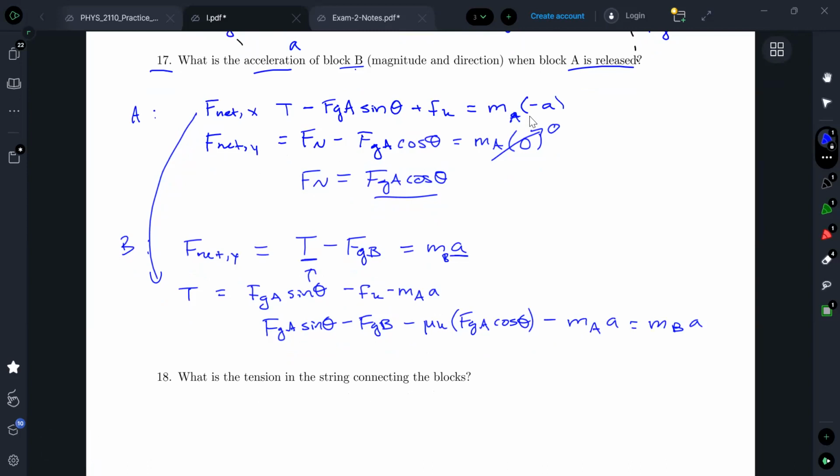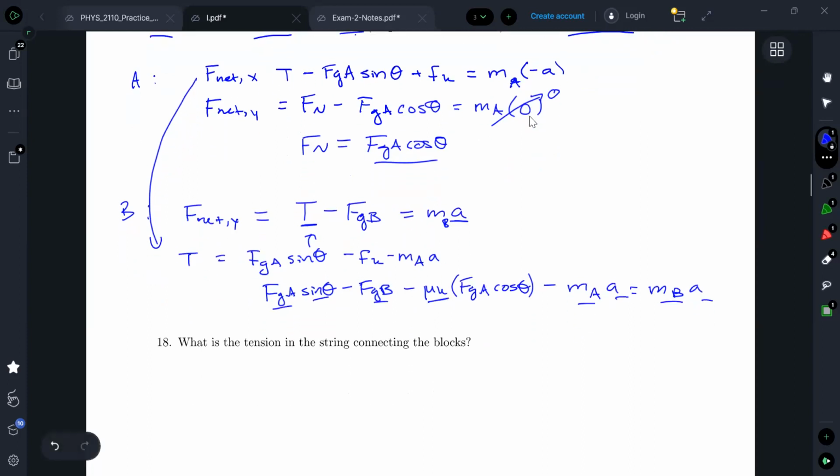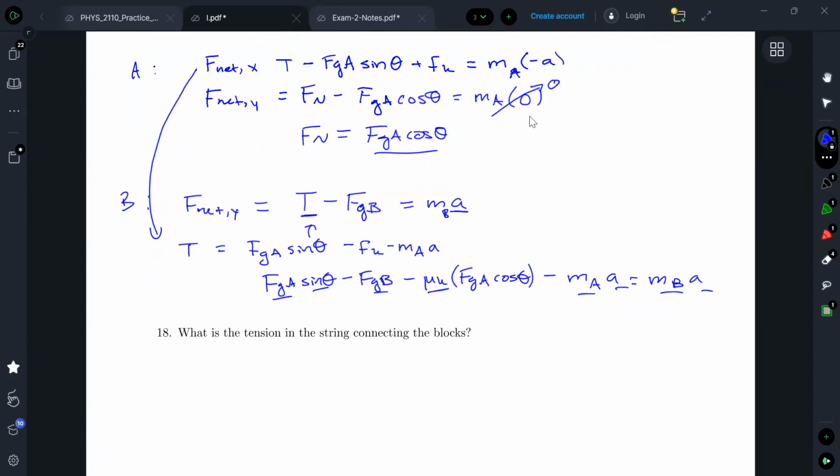We know the masses of our two blocks, so we can find their weights. We know the angle of the ramp. We know the coefficient of kinetic friction. A is the only unknown. So if I isolate for it, all I have to do is bring this term over to the right side and divide by MA plus MB.